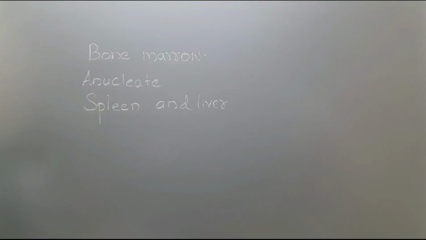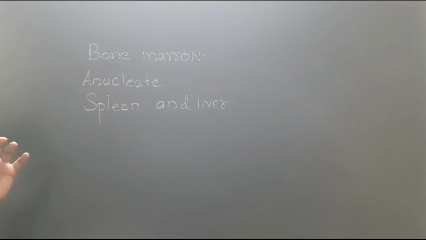Later on, they lose the nucleus because they need to accommodate more hemoglobin. Why do they need more hemoglobin? Oxygen has to bind with hemoglobin. Then oxyhemoglobin needs to be carried throughout the body. So here these platelets are anucleate.